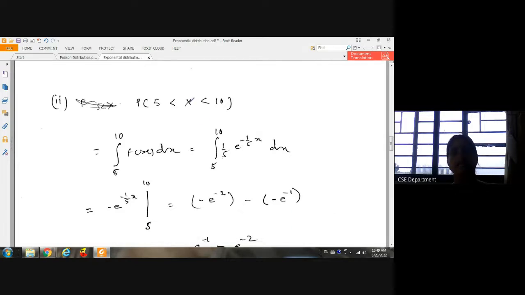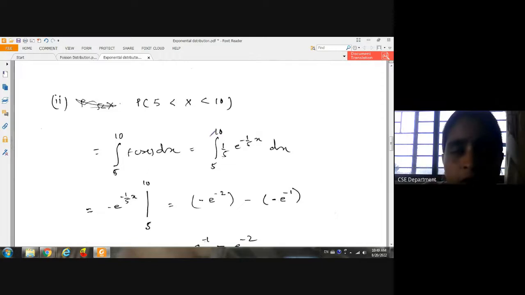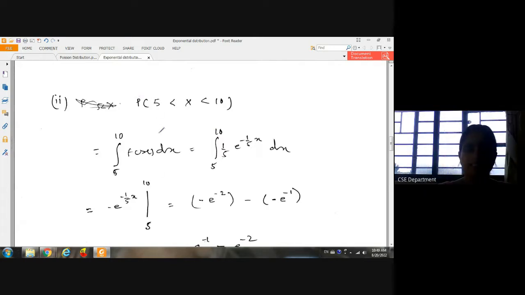Next, they have asked x should be between 5 and 10. So the probability that x is between 5 and 10, f x dx, integrate from 5 to 10. So alpha e to the power of minus alpha x, the limits of the integral are 5 to 10. If you do that, you will get minus e to the power of minus 1 by 5 x, from 5 to 10.